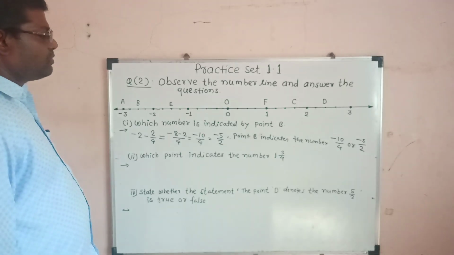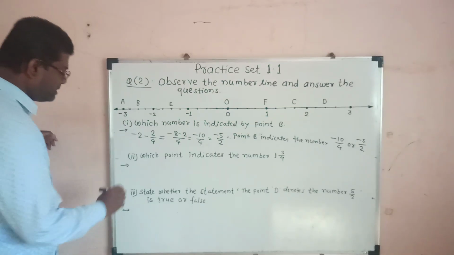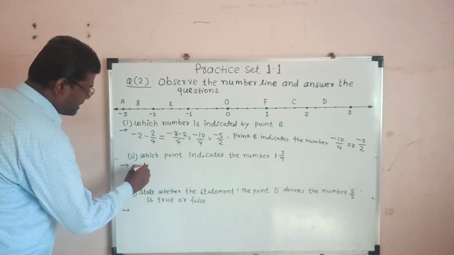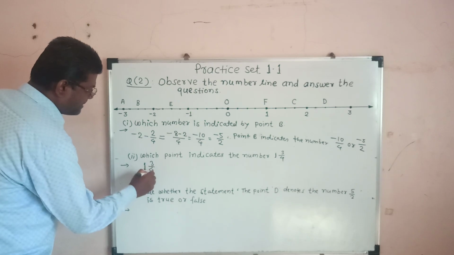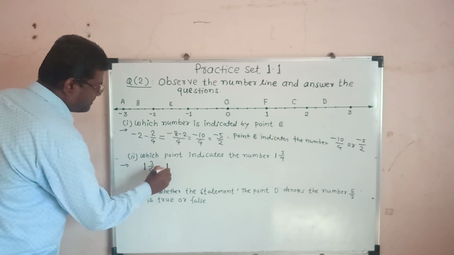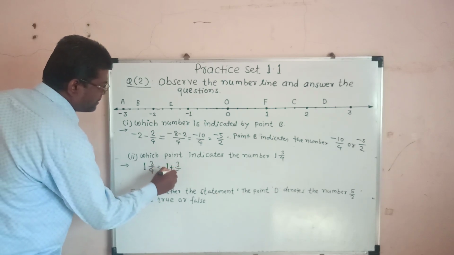Now let us see the second question. Which point indicates the number 1 and 3 upon 4? The number 1 and 3 upon 4 can be written as 1 plus 3 upon 4.